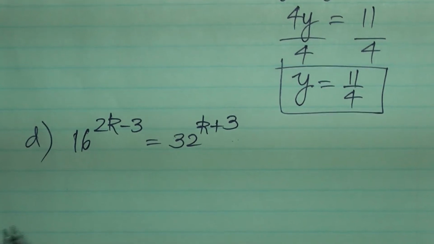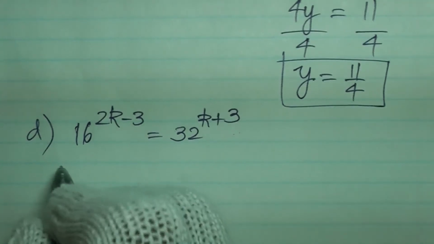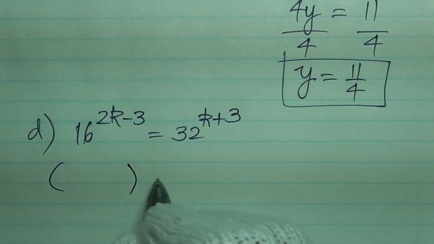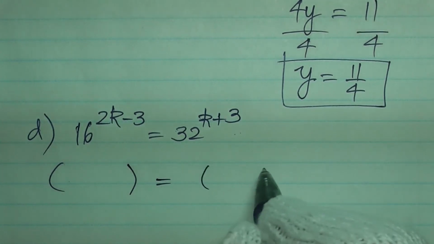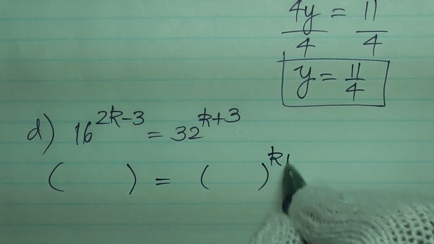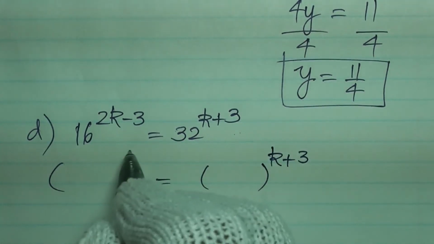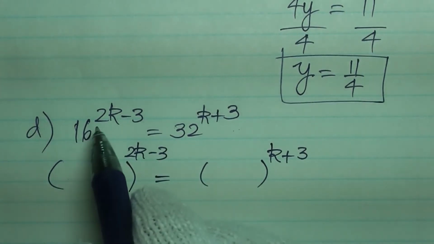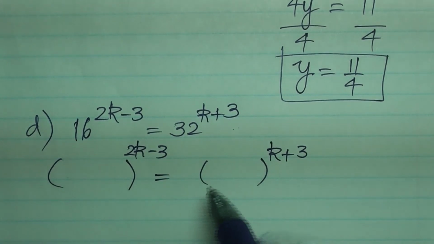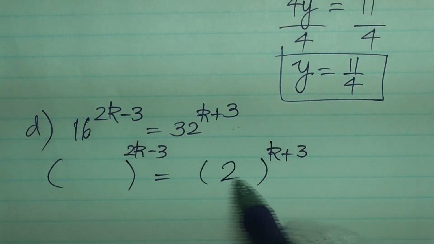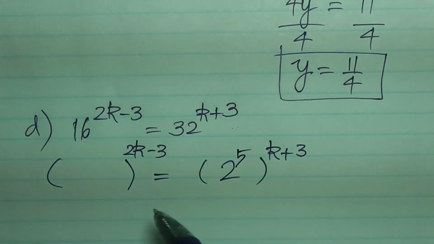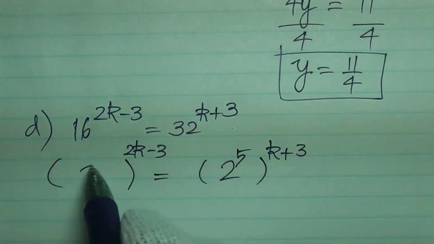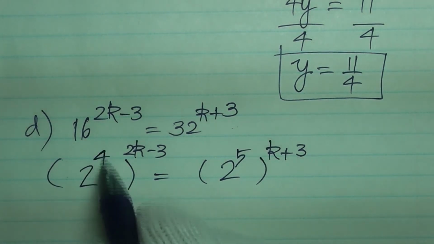I'm going to write both sides as a power of 2. First, of course, I'm going to make sure I've got my exponents correct. 32 is the same as 2 to the exponent 5. 16 is the same as 2 to the exponent 4.